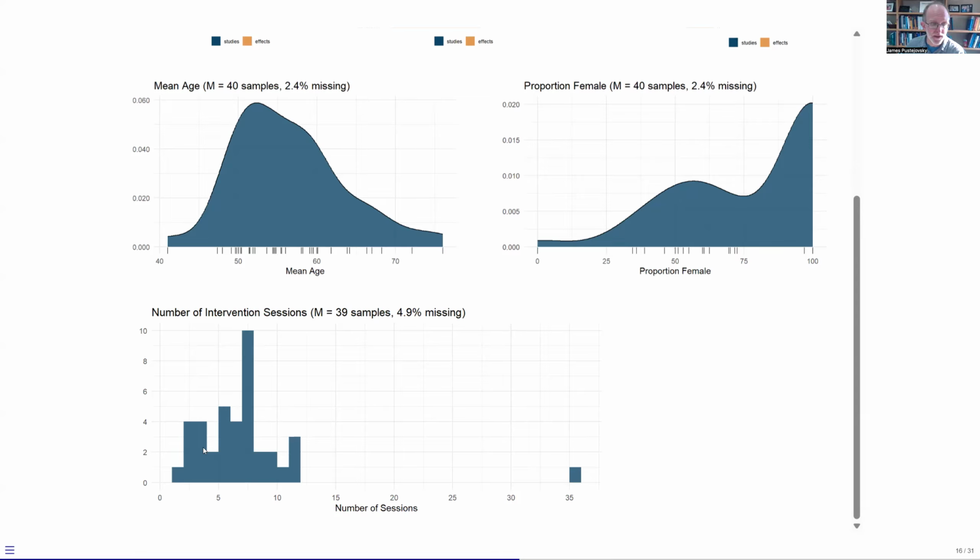A plot like this might help you identify this outlying value of the study characteristic, which would raise questions about whether there is something else that's weird about this study. Is this value even right? And if you were hoping to use number of sessions as a predictor in the model, do we really want to use this study? If we do, this is going to be a very high leverage, very influential observation because its value of the predictor is so different from everything else.